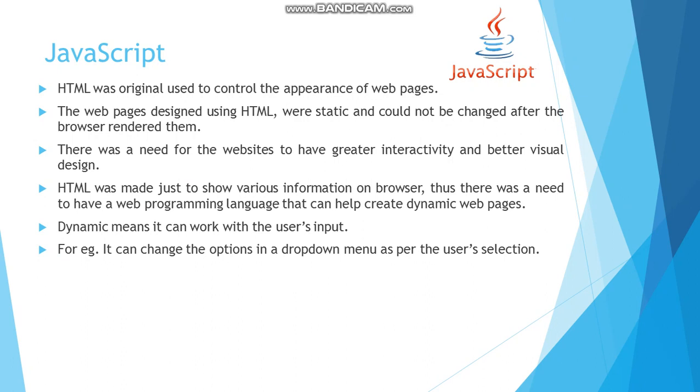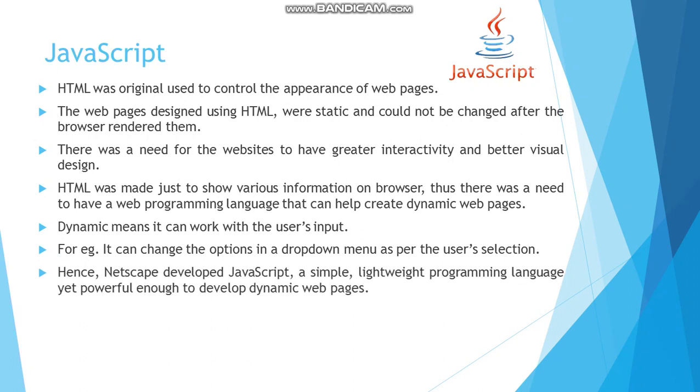You might have seen on some websites that whenever you select the country India in one drop-down menu, then the options in another drop-down menu, that is states, automatically change. So this way dynamic web pages can be created using JavaScript. Hence Netscape developed JavaScript, a simple, lightweight programming language, yet powerful enough to develop dynamic web pages.